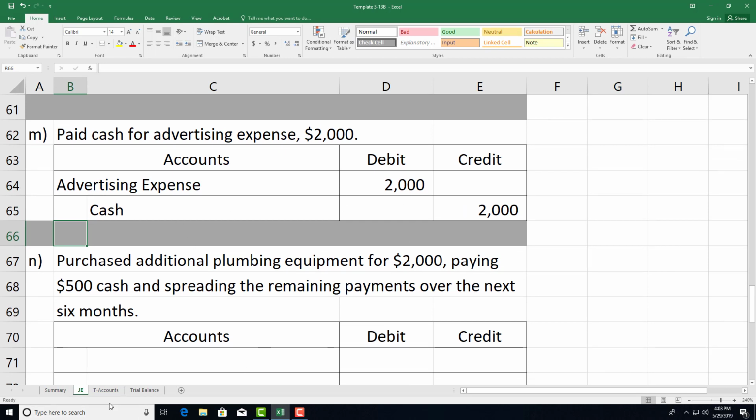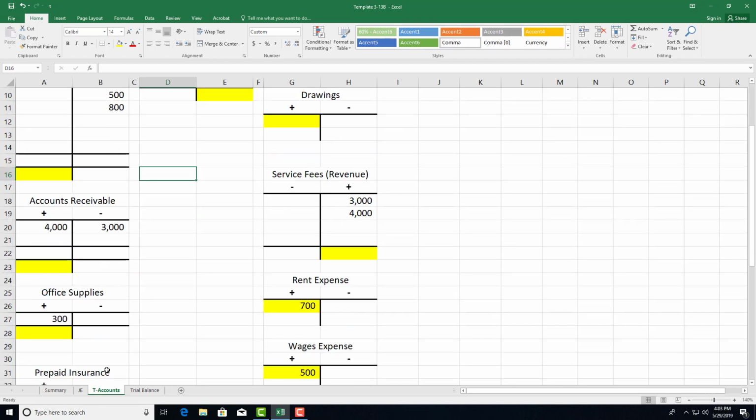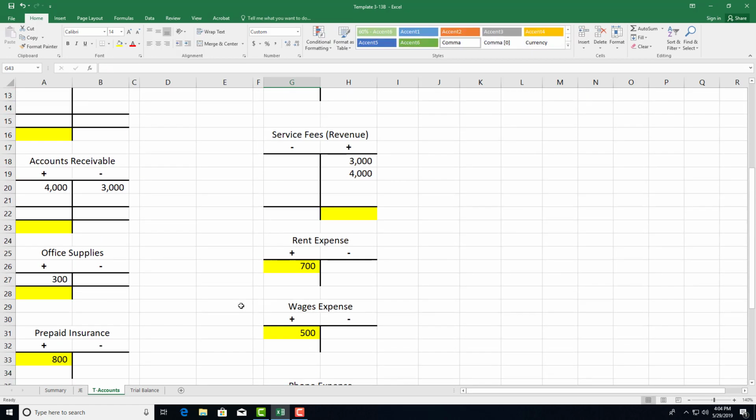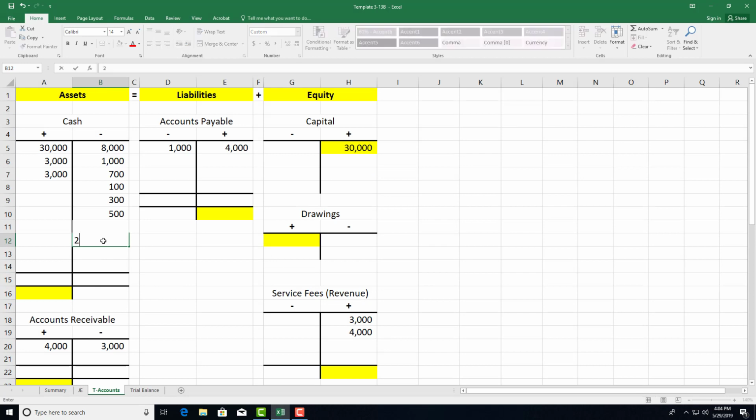That just doesn't sound right, but that's our rule here. Advertising expense, $2,000. That's an increase. Cash, $2,000. Is credited to that account, and that is a decrease.